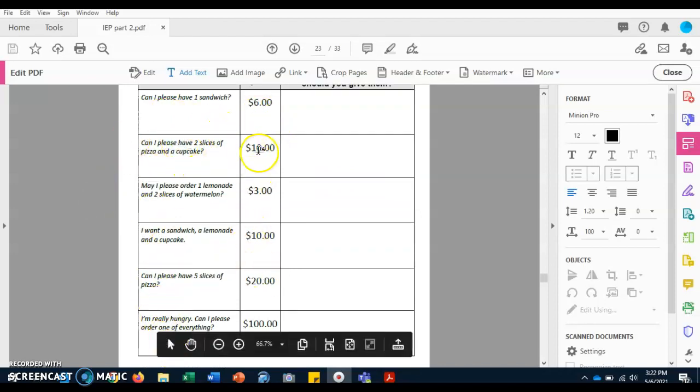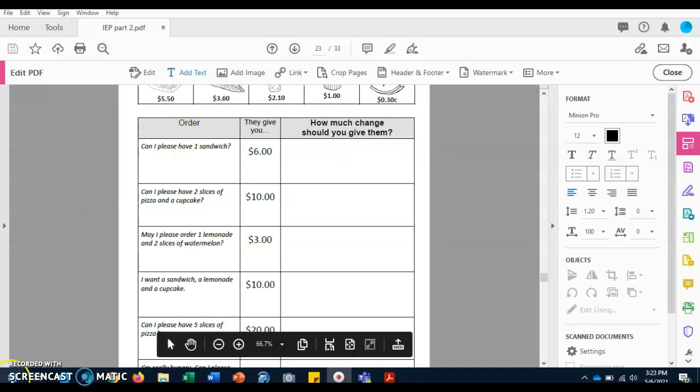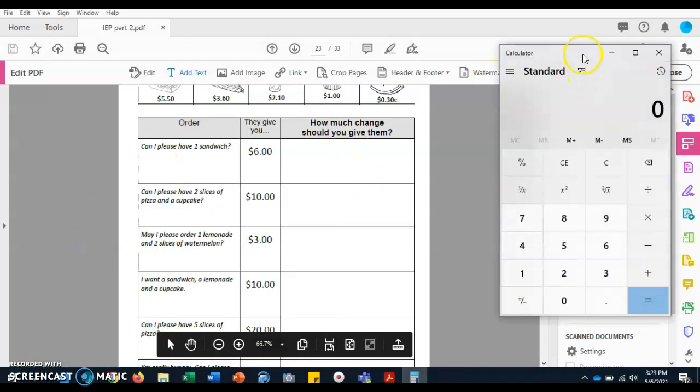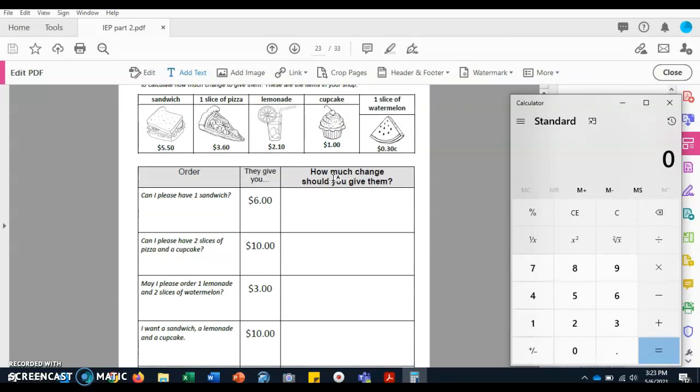So now, Matthew, here on the side, you have your orders. And here in the middle, you have the amount of money the customer gave you. Now what you need to figure out is how much change you are going to give them back. So please get out your calculator because you will need it. I'm going to do one with you and you are going to do the rest on your own.